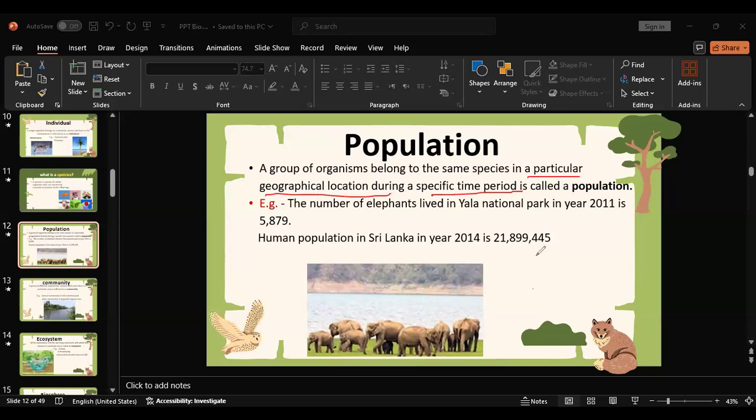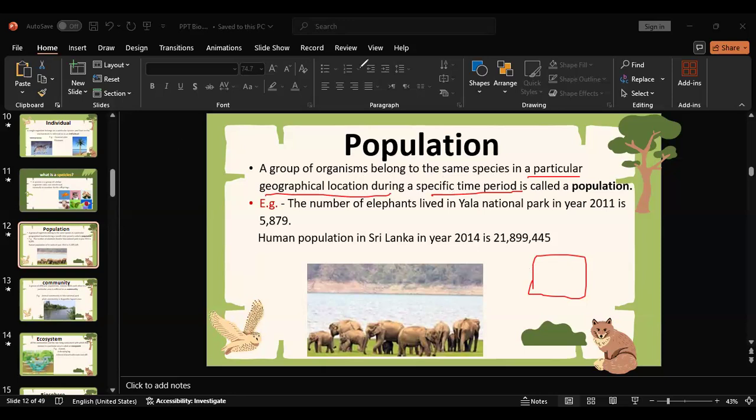If you take a particular area, you are going to see a population. It is the same species, a group of animals or plants, whatever group of organisms belongs to the same species. That means if you say elephant, only elephants. If you see human, only humans.